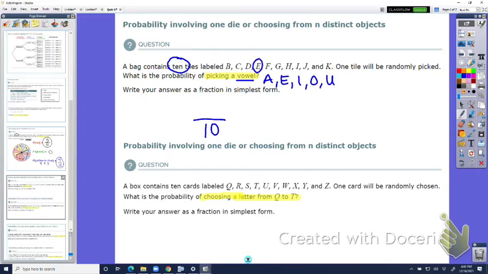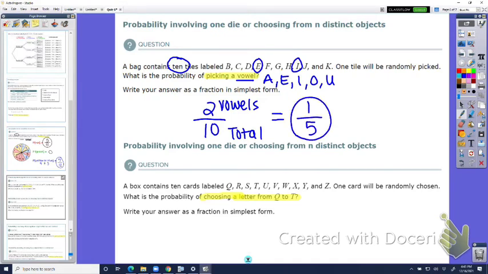E's a vowel and I's a vowel. Doesn't have any A's, O's, or U's. So that's 2 vowels out of 10 total. And 2 out of 10 reduces, if you divide top and bottom by 2, it divides out to 1/5.